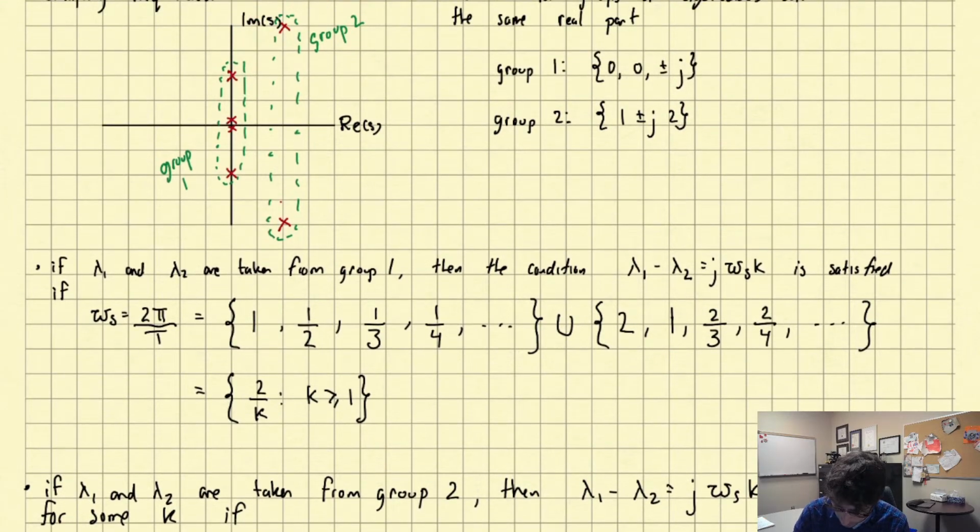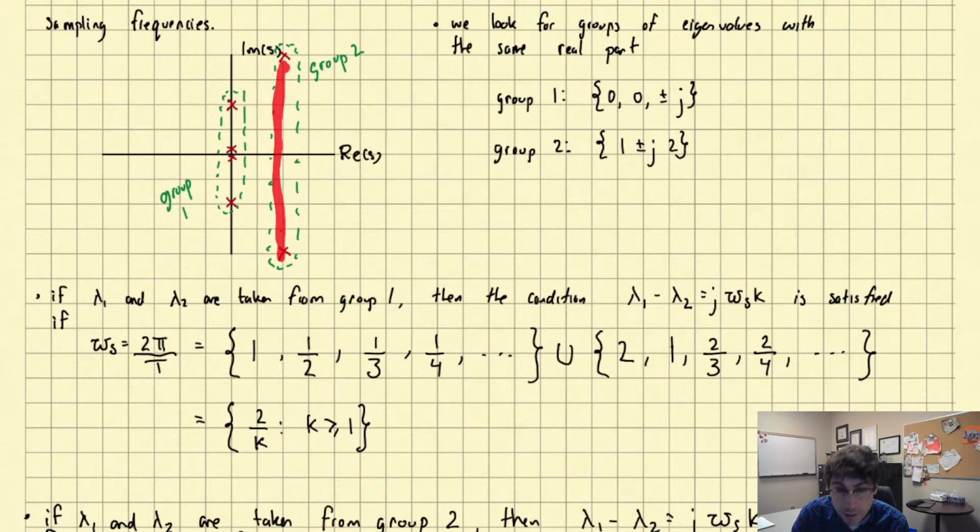Well, let's look over here. We want omega s times k to equal the distance between these two poles. So that distance is 4.